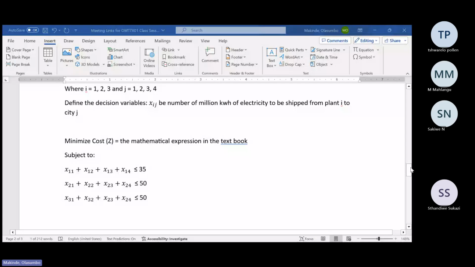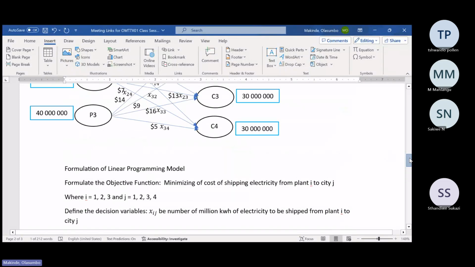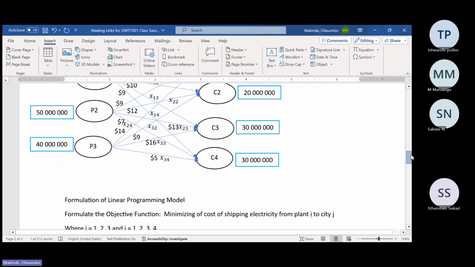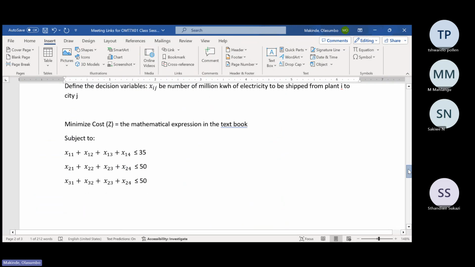So like I was saying before the network kicked me out, we are going to X31 plus X32 plus X33 plus X34 should not exceed the 40 million. So that's what we have done.